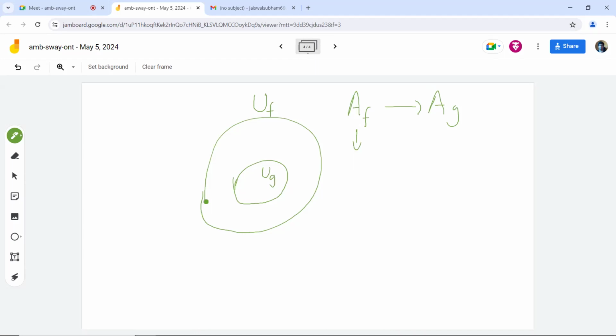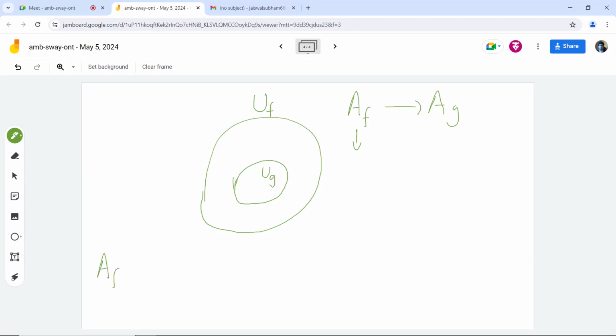So AF is the collection of those functions which can be defined on UF, right?